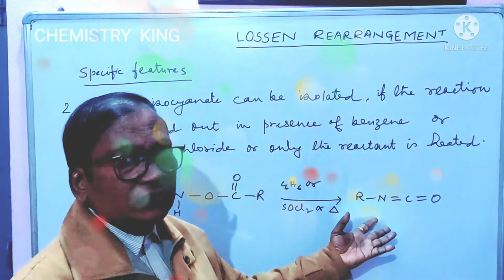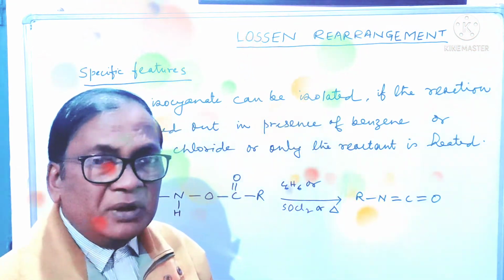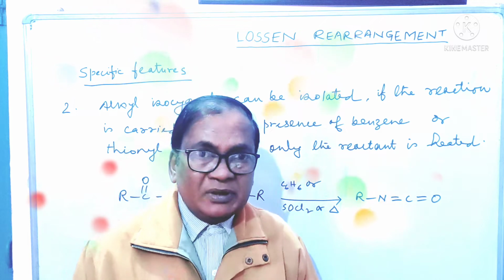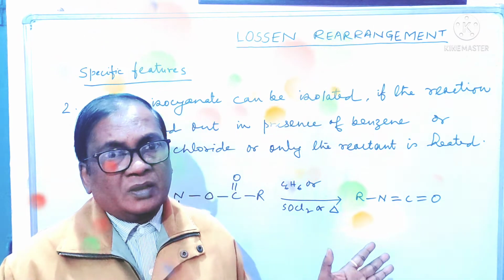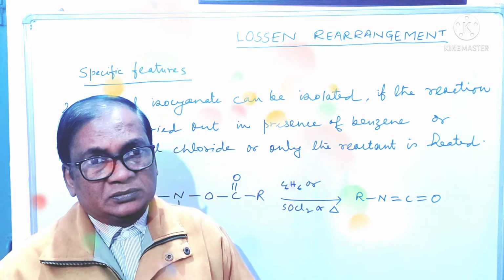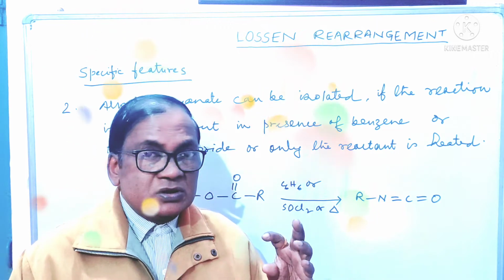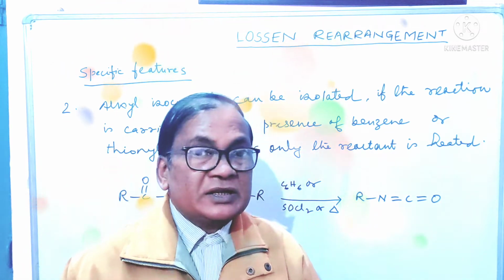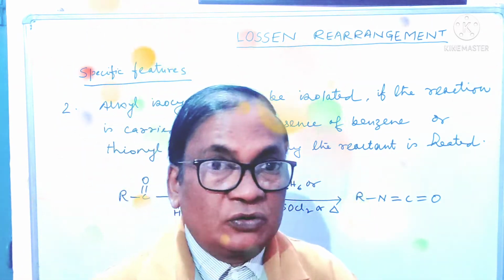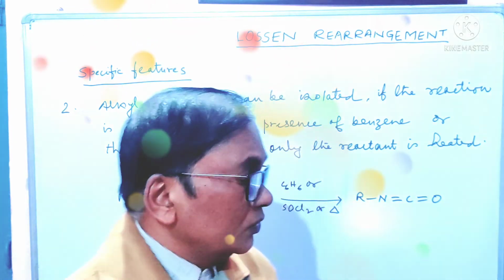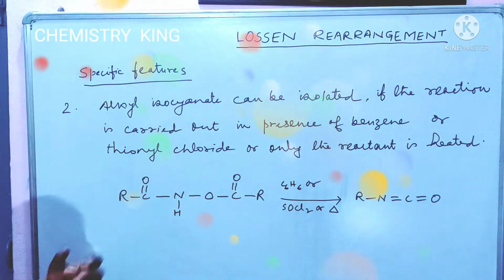You will get this. You can isolate it. It means the mechanism is confirmed because you are isolating the intermediate alkyl isocyanate. This is the evidence of the mechanism actually.